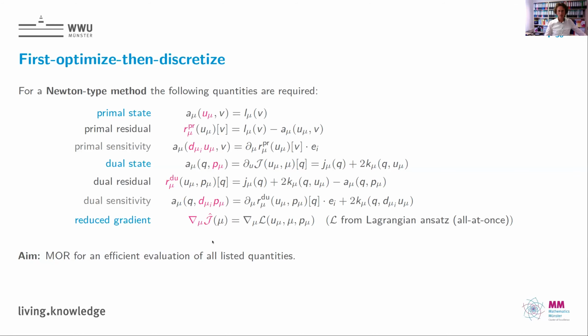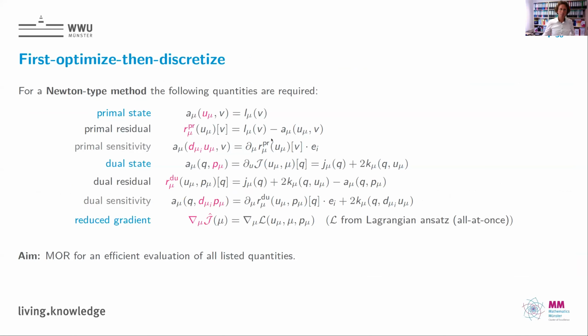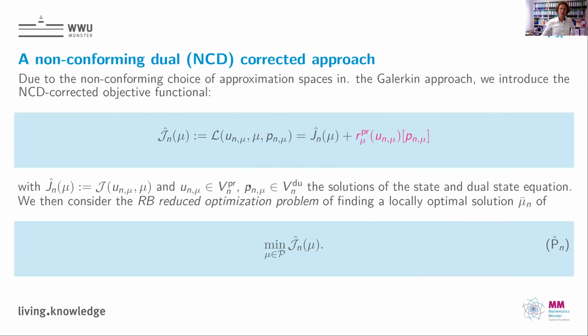And this is something that you can actually do, but there is one thing that you need to take into account. I told you that you need to look at the Lagrangian where you plug in the primal and dual solution, and you do this now for the solution of the reduced order model, UN and PN, which are computed by the typical projection of these equations into the low dimensional space.